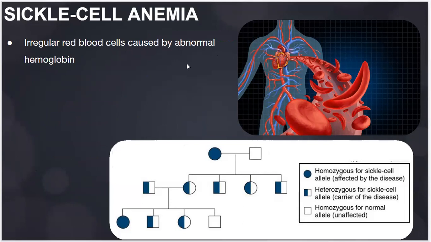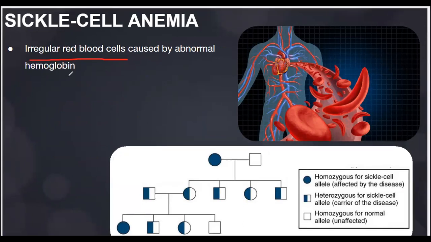In sickle cell anemia, there is irregular red blood cell caused by an abnormal hemoglobin. Usually the red blood cells are circular in nature, as you can see in the diagram. But in a sickle cell, the circular shape is changed into this moon-like shape.